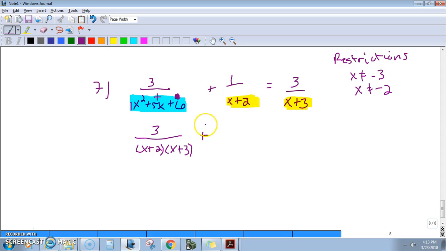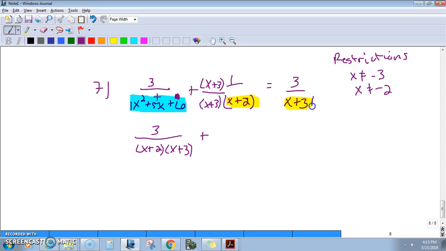But what I do know is that in order to get a common denominator, all I have to do is multiply this denominator by, well, I'm going to erase this, you guys, because I need this area, x plus 3, right? And of course, so we don't have a value change, we have to multiply the numerator also by x plus 3, because that's basically just 1, so we're not changing the value here.